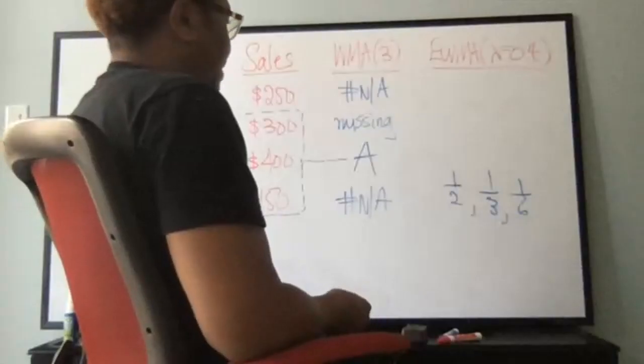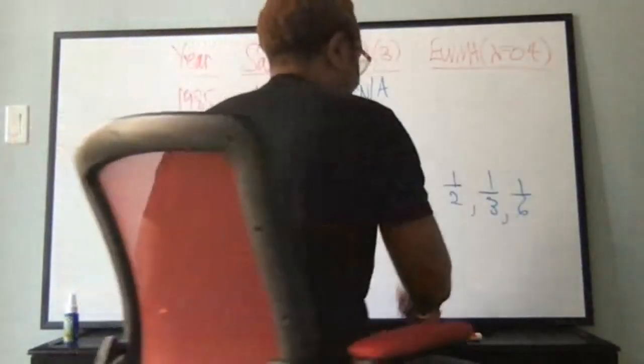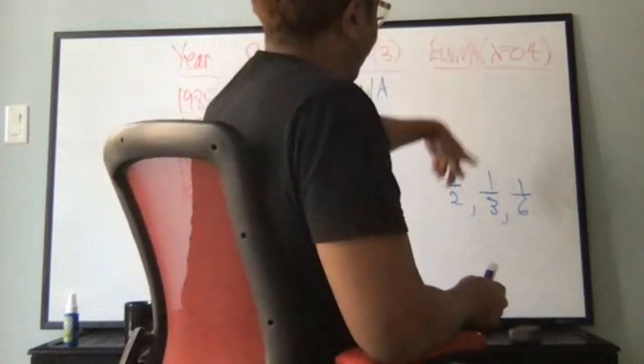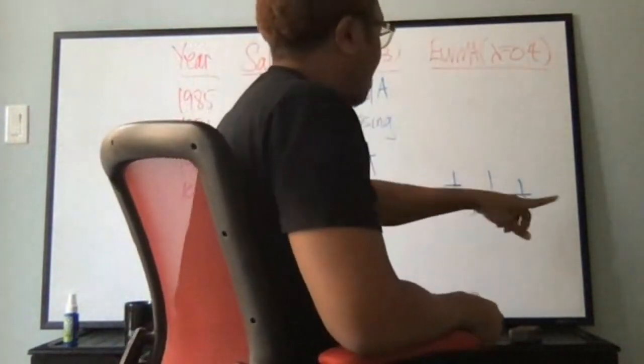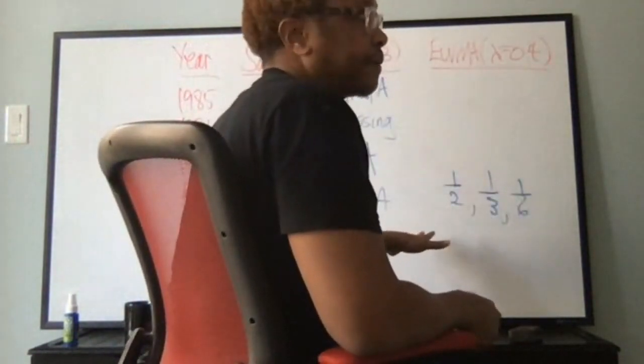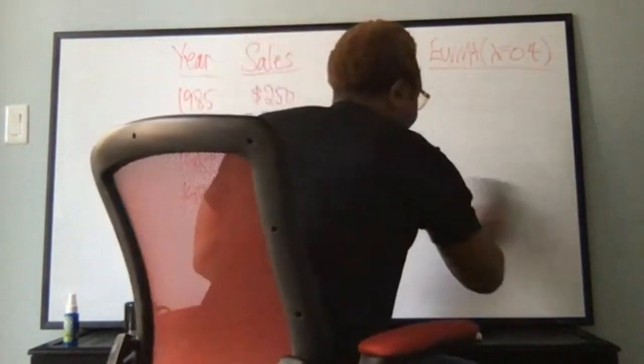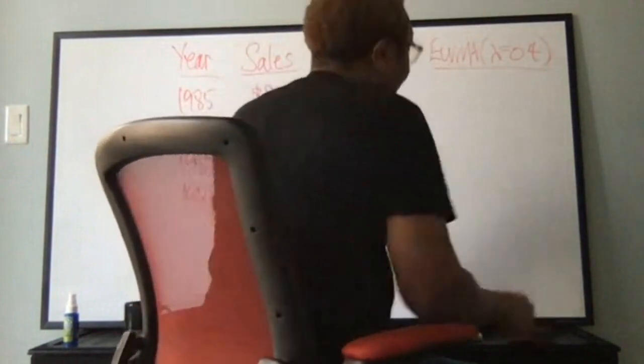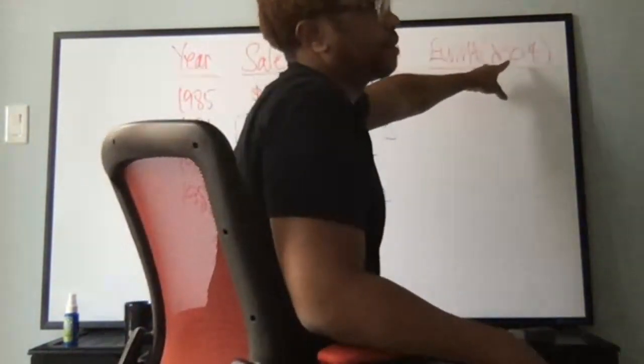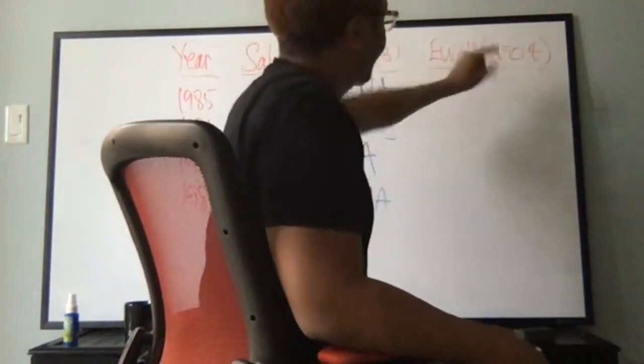Let's go to EWMA. Now, when I get to EWMA, these fractions are no longer necessary. See, these fractions only go with this right here. By the time I get to EWMA, this becomes my fraction, the 0.4, right?